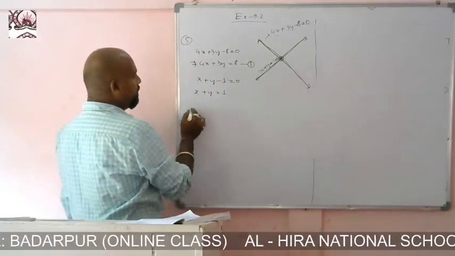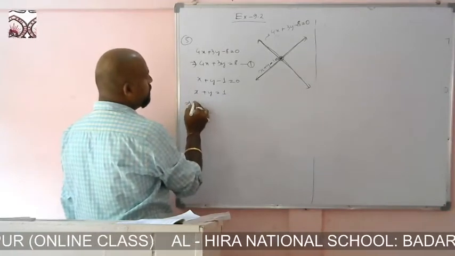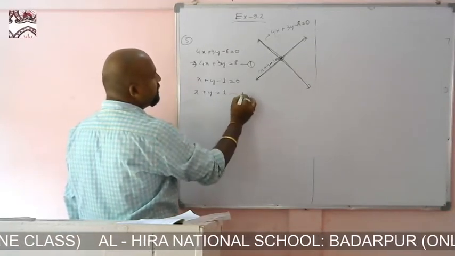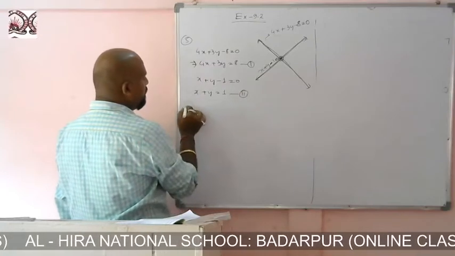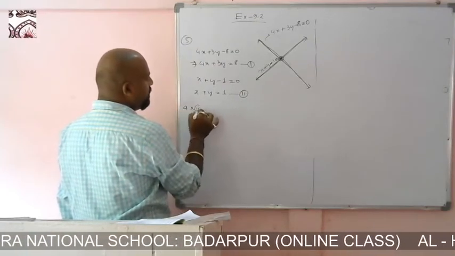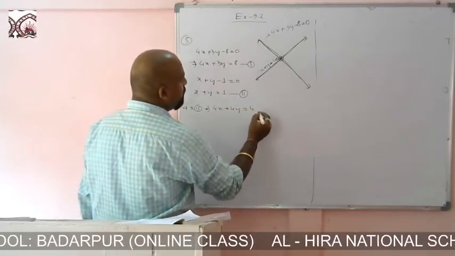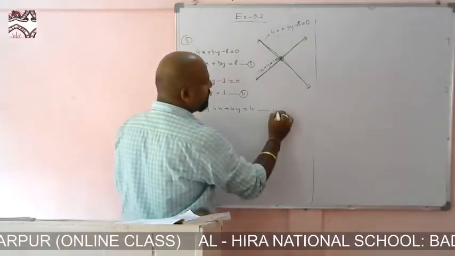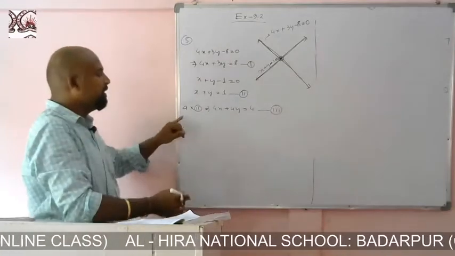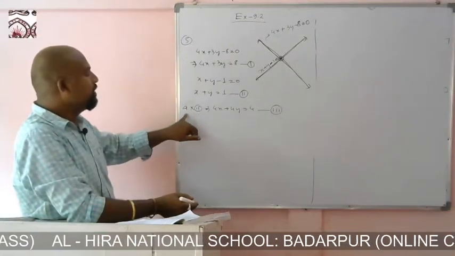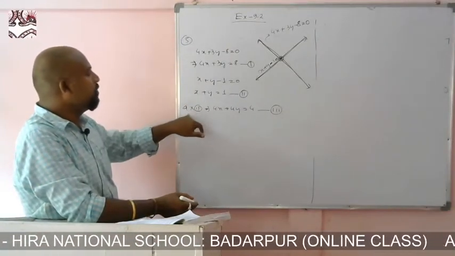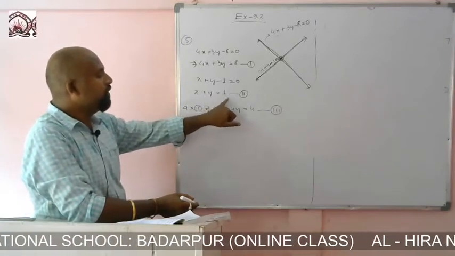Now if I multiply it by 4, 4 into equation 2, what we are getting? 4x plus 4y equal to 4. This is equation number 3. 4 into x is 4x, 4 into y 4y, 4 into 1 is 4.